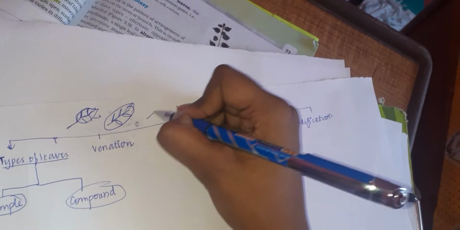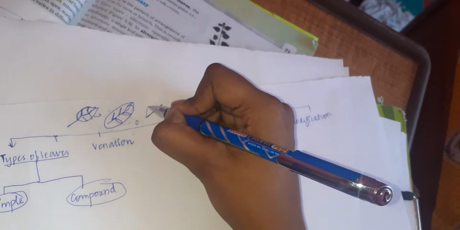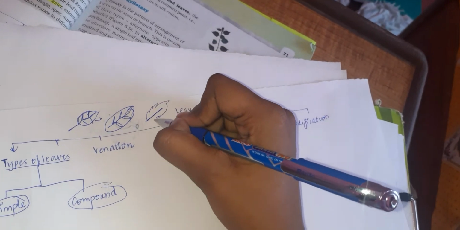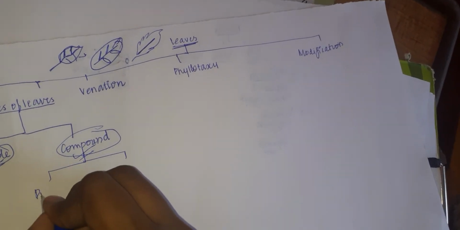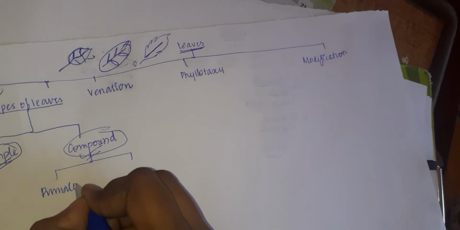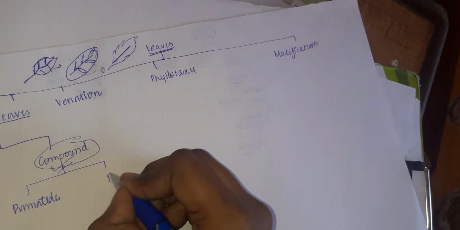If the incisions are not touching the midrib, it's just a simple leaf. You understand it. The next one is compound leaf. You have two types of compound leaves: pinnately compound and palmately compound.